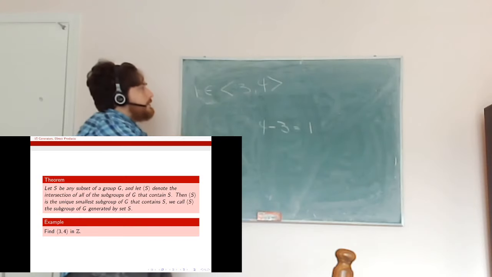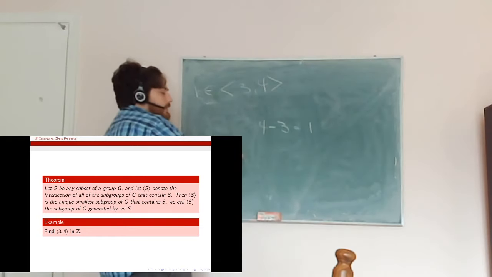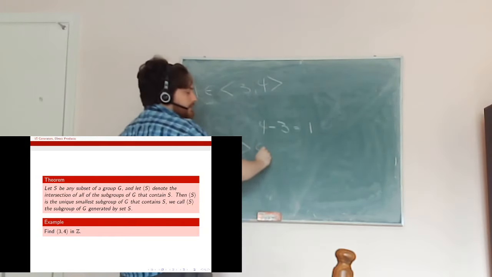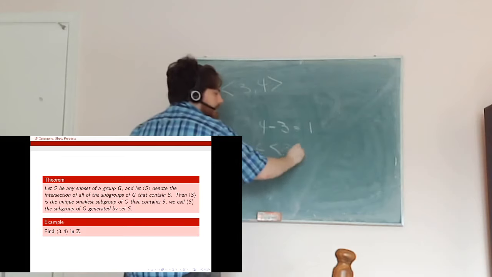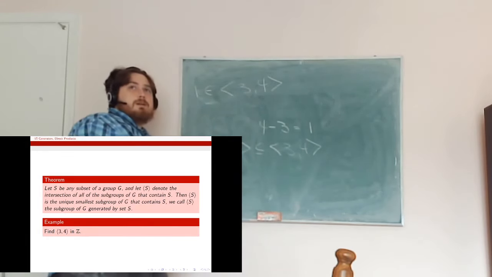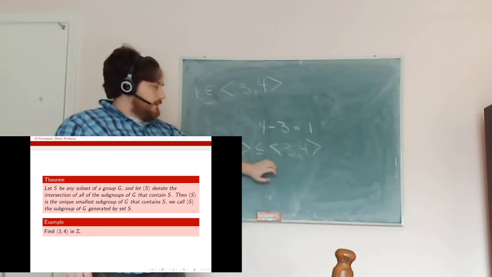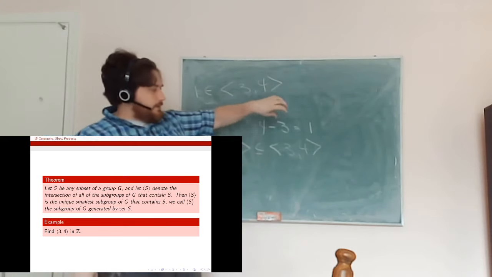So if 1 has to be an element of this group, then the group generated by 1 has to be a subgroup of the group generated by 3 and 4. Why would that have to be the case? Well, if 1 is in here, then that means that the group generated by 1 has to be in here.